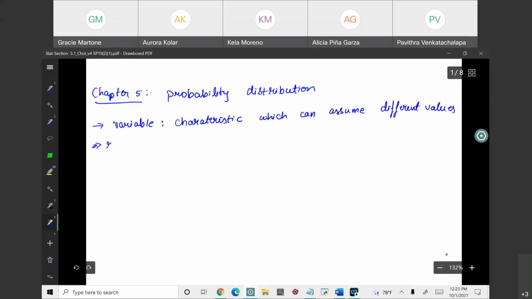What is a random variable? Now, before that, can you give me some examples for variables?